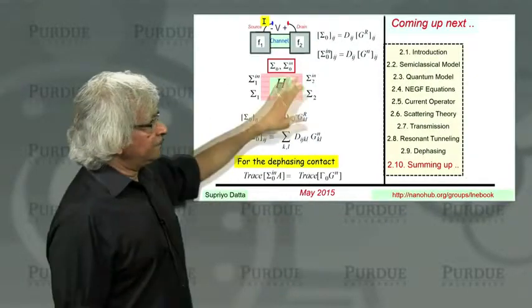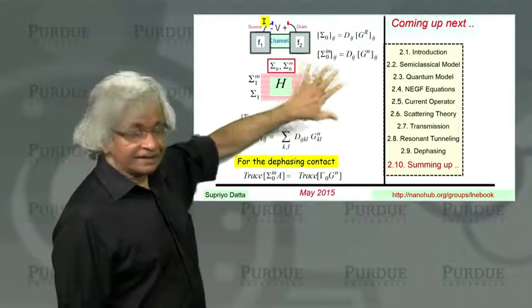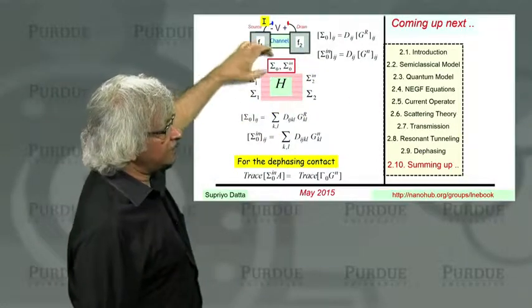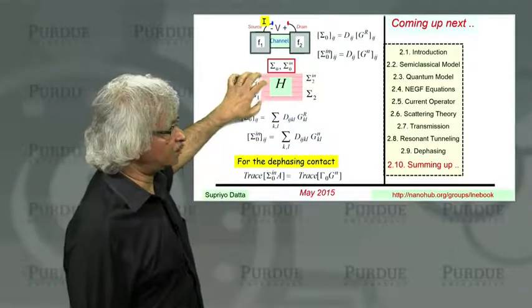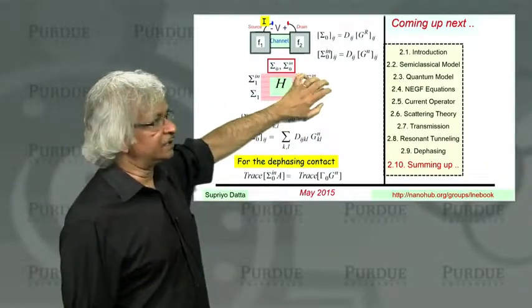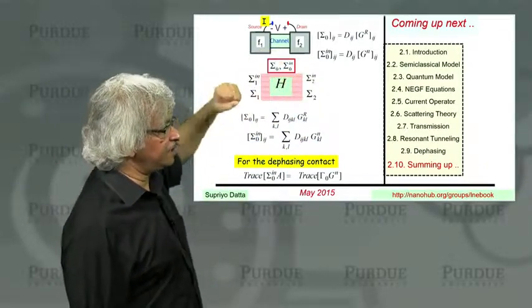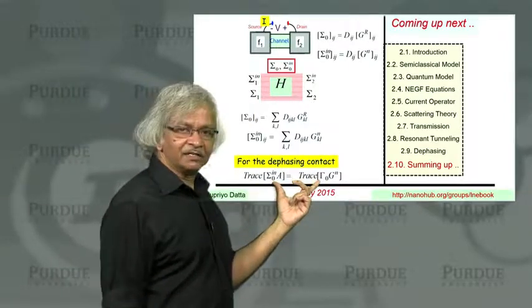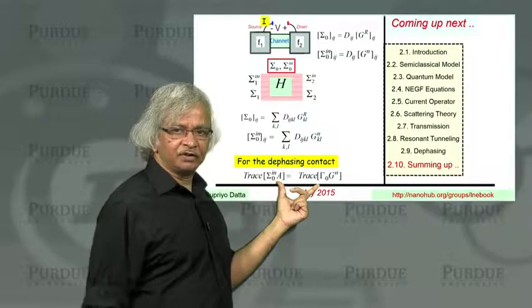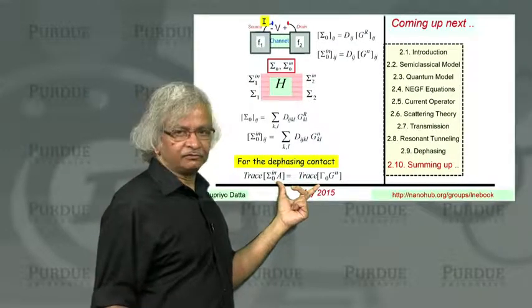So to sum up, what we tried to do in this lecture is talk about this dephasing contact, because so far we have been talking largely about the physical contacts. And at the dephasing contact, the key relation to keep in mind is that however you choose your sigmas, this relation should be satisfied to make sure electrons are conserved.